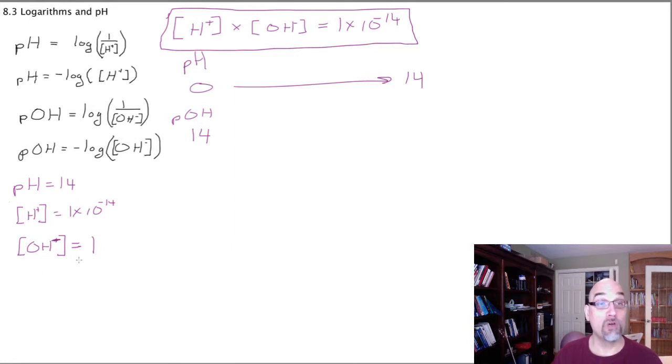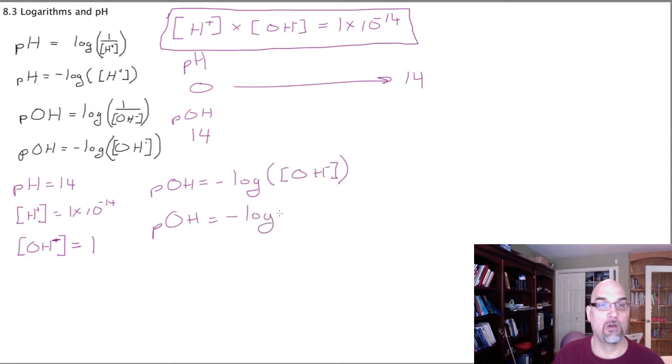Okay, if OH minus is equal to 1, then I know that my pOH is equal to the negative of the log of my OH. So my pOH is just going to be equal to the negative of the log of 1.